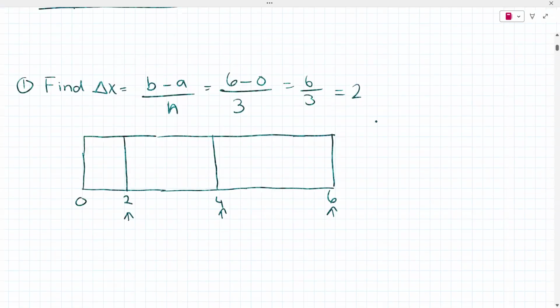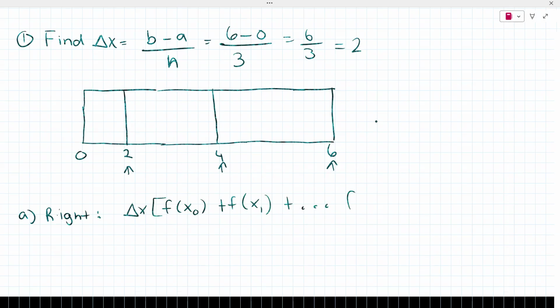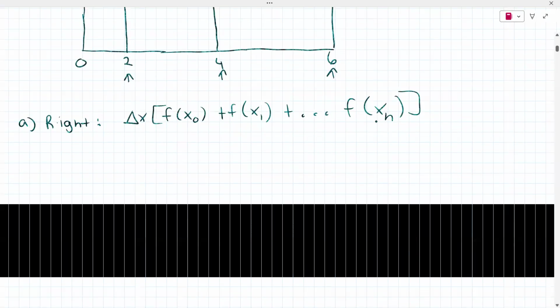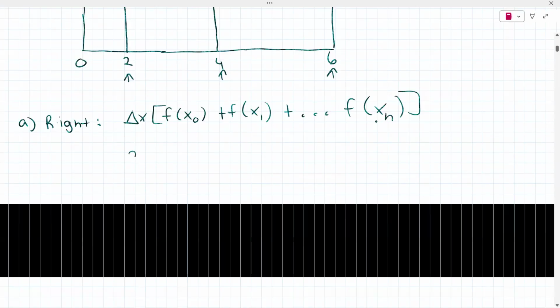Okay, so part A for the right. When we take the area of the rectangles on the right side, it's going to be delta x times f of x1 plus f of x2 plus dot dot dot f of xn. And we just plug in what we know. Delta x, we found, was 2.